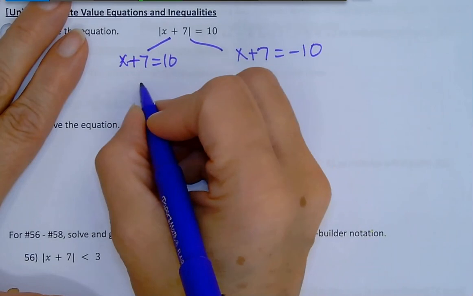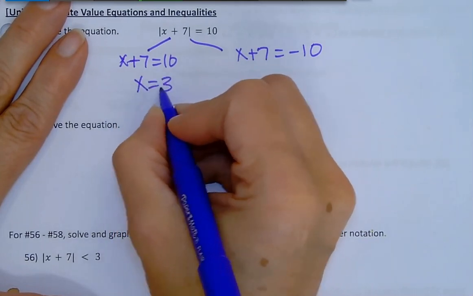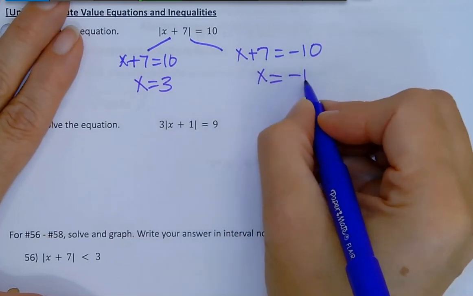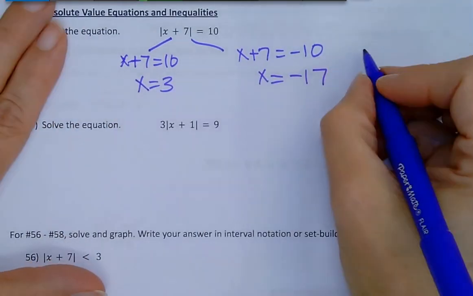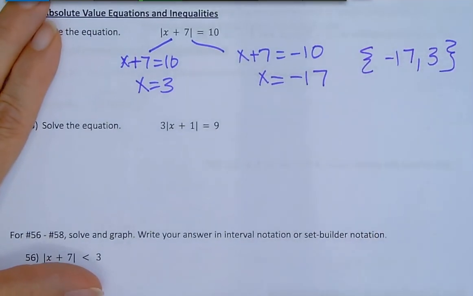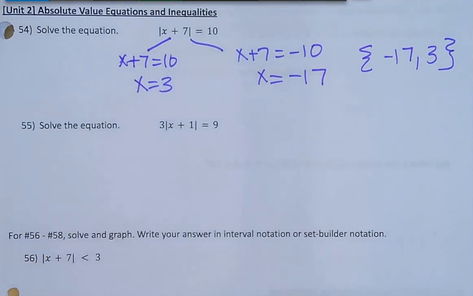Okay, so subtract 7 from each side. I know x equals 3 here. Subtract 7 from each side, x equals negative 17. So my answer would be negative 17, 3. I'm using curly brackets to show that it's the set of numbers that includes negative 17 and 3.